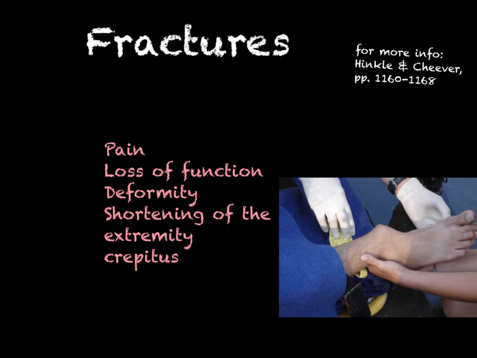Crepitus is that grating sensation or grating sound, crumbling sound, that happens when two bone fragments rub on one another. And like I had addressed with you guys before, once you feel it, stop looking for it. If it's present, that's the end. You're not going to keep trying to elicit that.